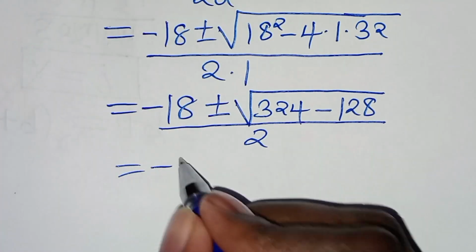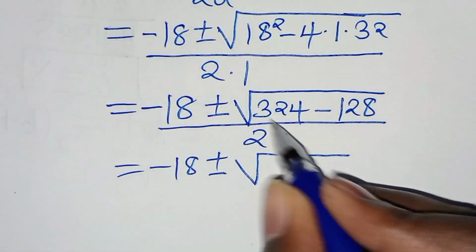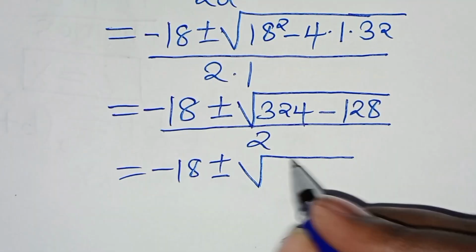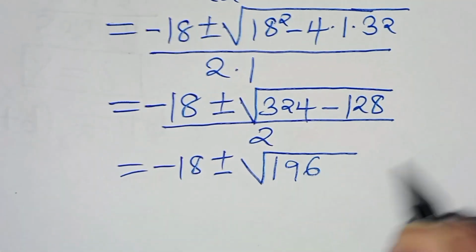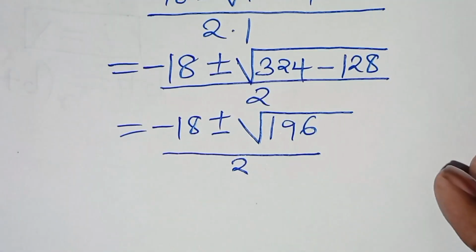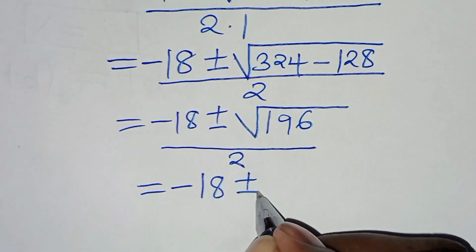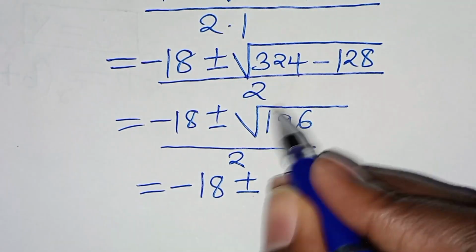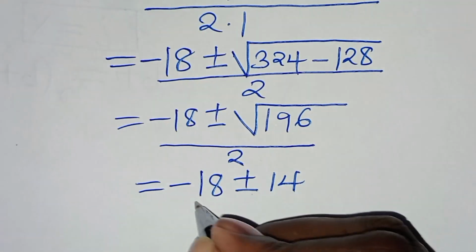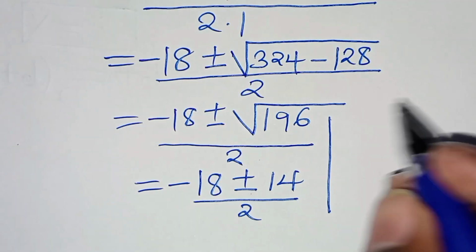So we have -18 plus or minus the square root of 324 - 128, which is 196, divided by 2. So this implies -18 plus or minus the square root of 196, which is 14, divided by 2. In this case, we have two values of x.